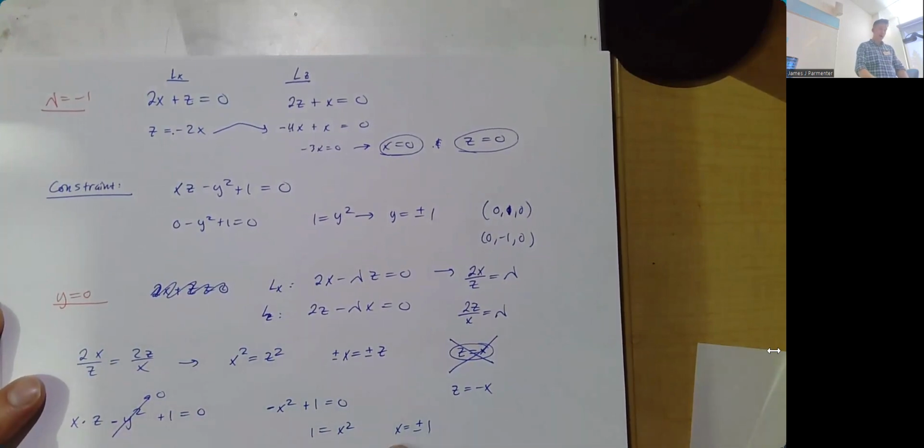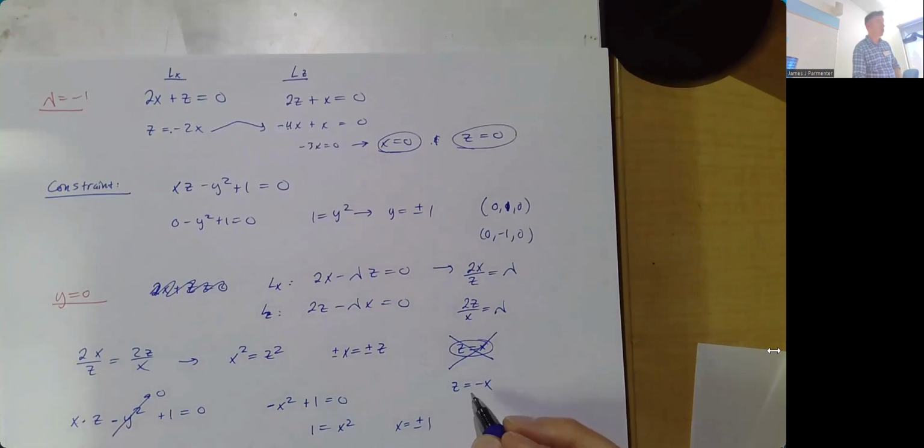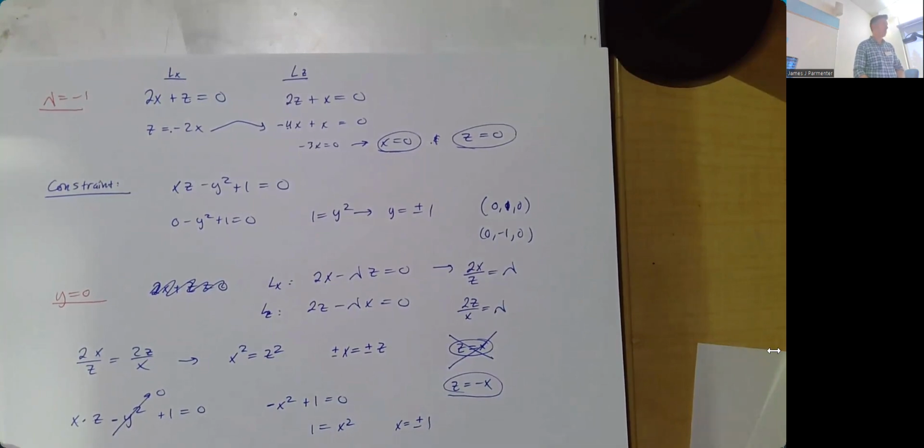And if x is 1, what does z have to be? Sorry, is it 1 or is it -1? It's not both. It's -1, right? Because we used that z was equal to -x. So if we're saying x is +1, we are also saying that z has to be -1.